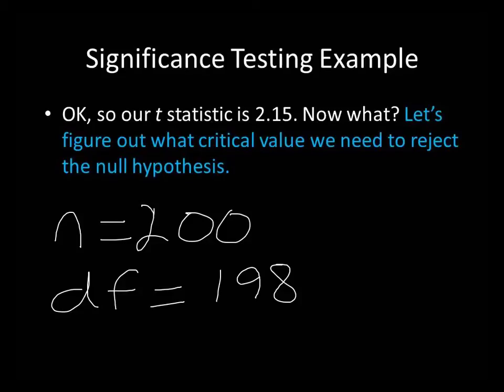Usually it's along the left-hand side. We go down and we look at the degrees of freedom, and then we go across to look at the critical value that's needed at a certain significance level.